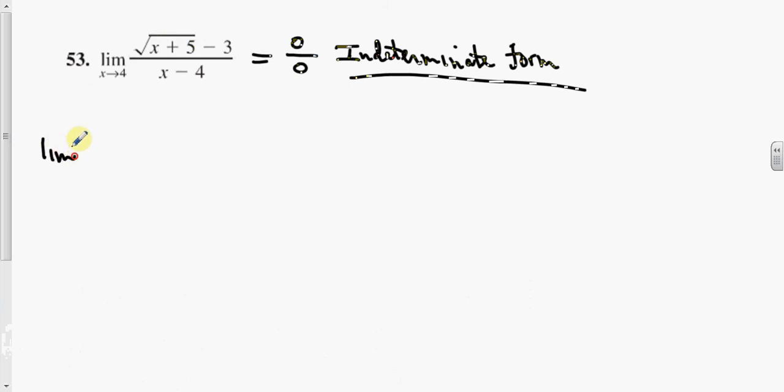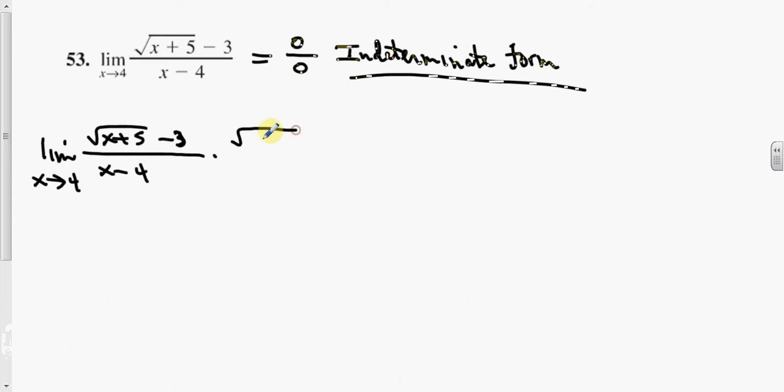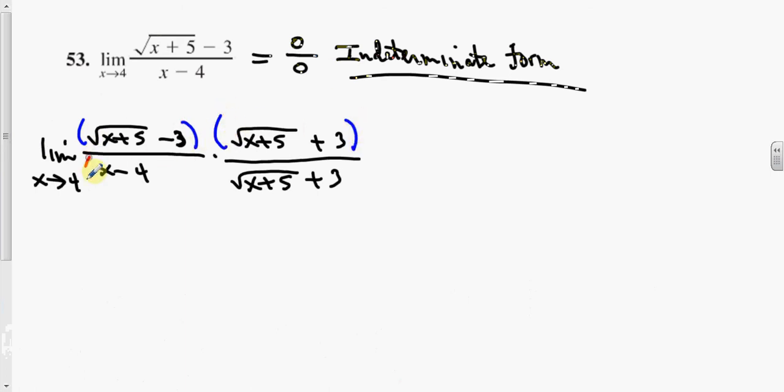So this is the limit as x approaches 4 of the square root of x plus 5 minus 3 all over x minus 4, times the square root of x plus 5 plus 3, the conjugate, divided by the square root of x plus 5 plus 3.